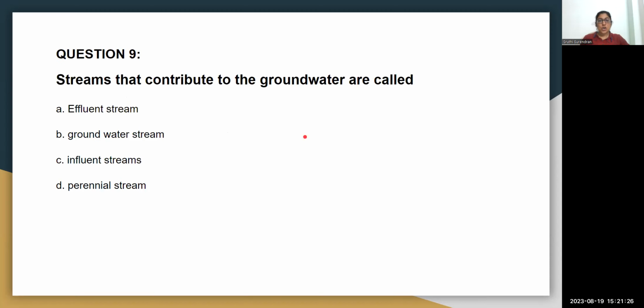Now, streams that contribute to the groundwater are called what? What are streams that contribute to groundwater called? They're called effluent streams, groundwater streams, influent streams, or perennial streams.